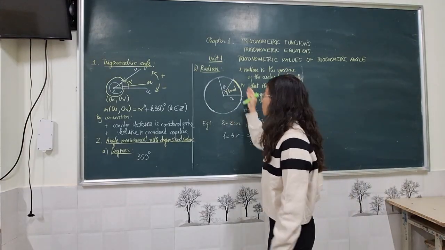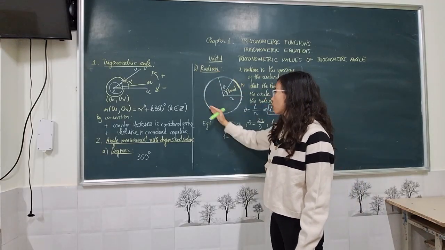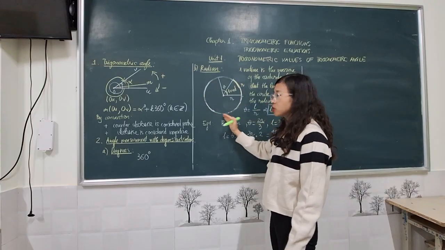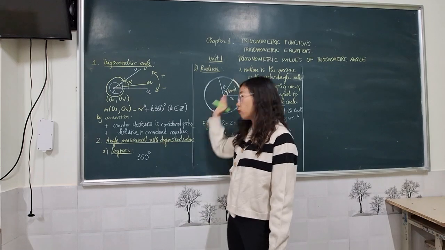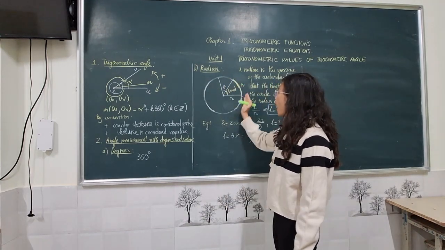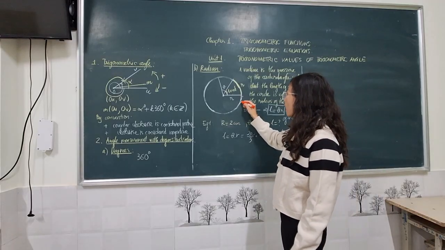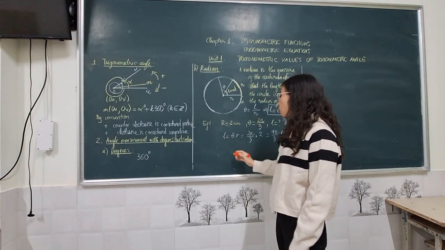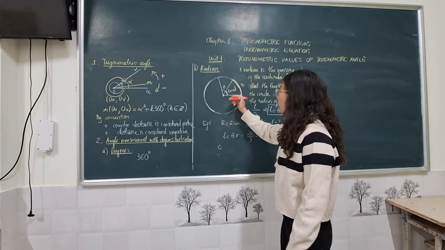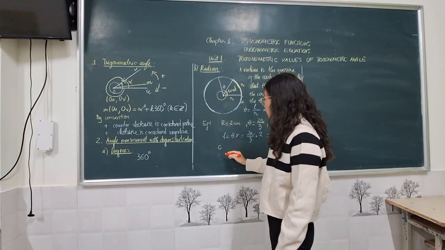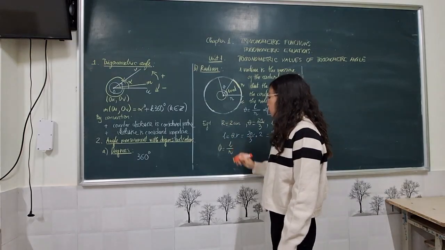Now, come back to the circle. We're curious about how many radians are in a full circle. In degrees, we have 360 degrees in a full circle. So how many radians in a full circle? To find it, you should remember the circumference, because theta equals the length of arc over the radius.